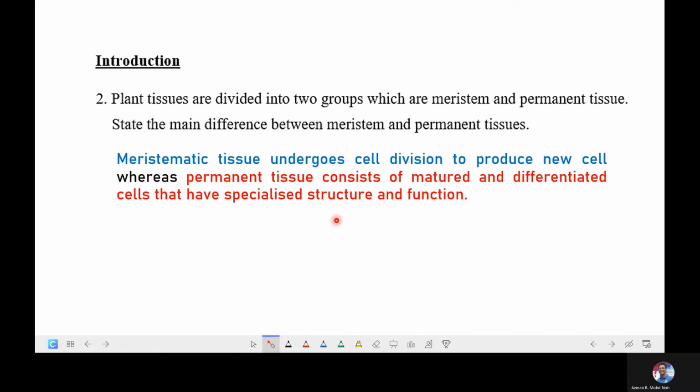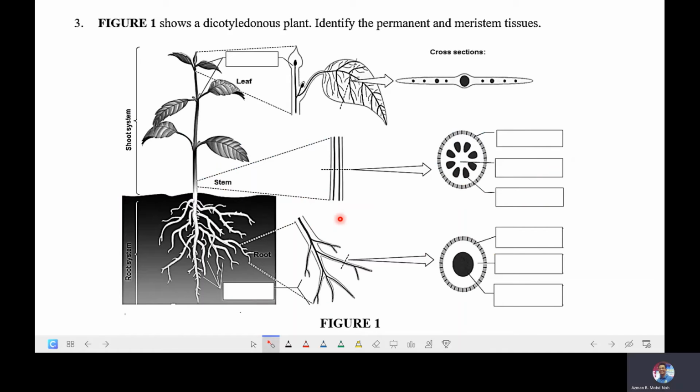Okay, part 3, question number 3. So if we look at this figure number 1, we should try to identify the type of tissues for the plants, basically the meristem tissue and the permanent tissue together with the vascular tissue. So over here will be the apical meristem.